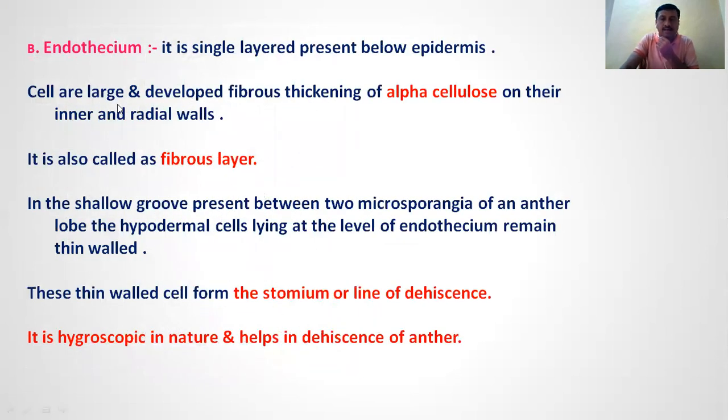Cells are large and develop fibrous thickening of alpha cellulose on their inner and radial walls.